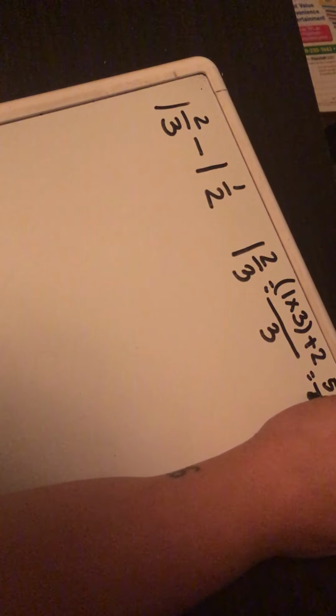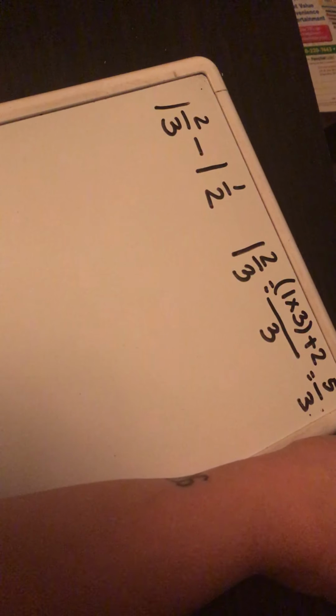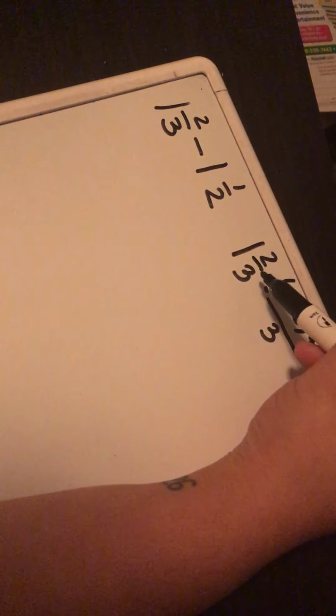If I multiply and add, it would be 1 times 3 is 3, plus 2 is 5 over 3. And you can see my denominator does not change when I convert my mixed fraction to an improper fraction.